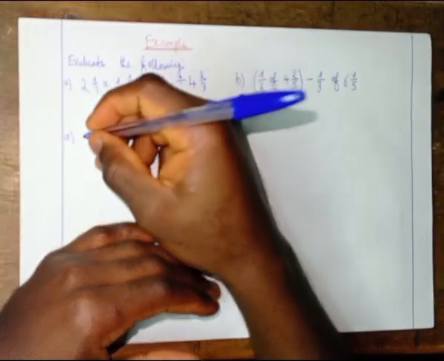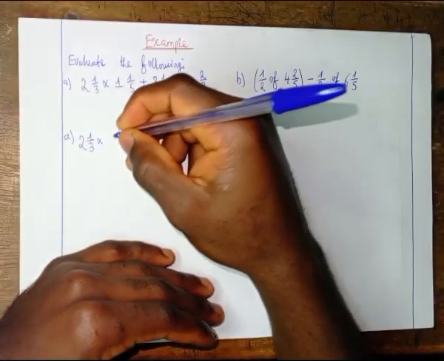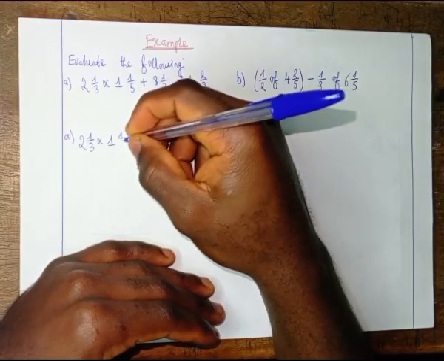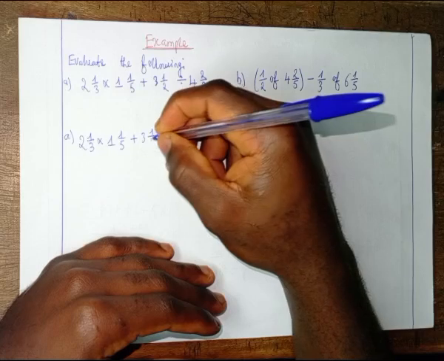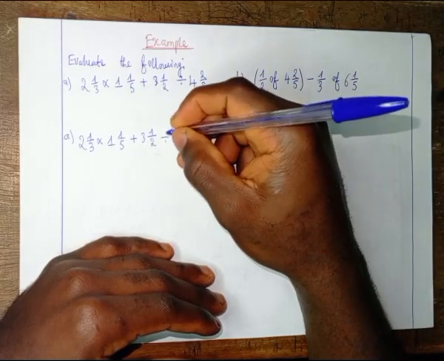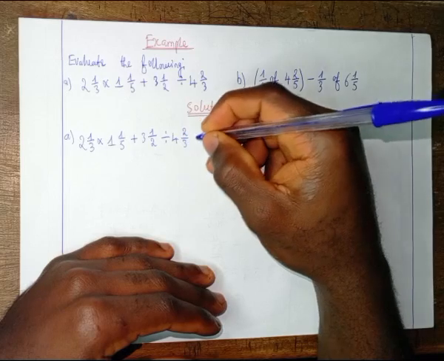For A, we have 2 1/3 times 1 1/5 plus 3 1/2 divided by 4 2/3.